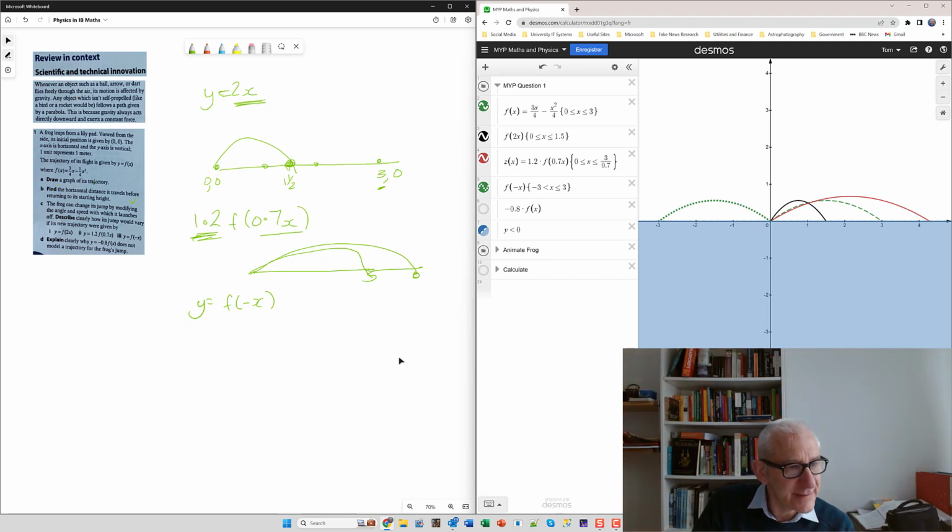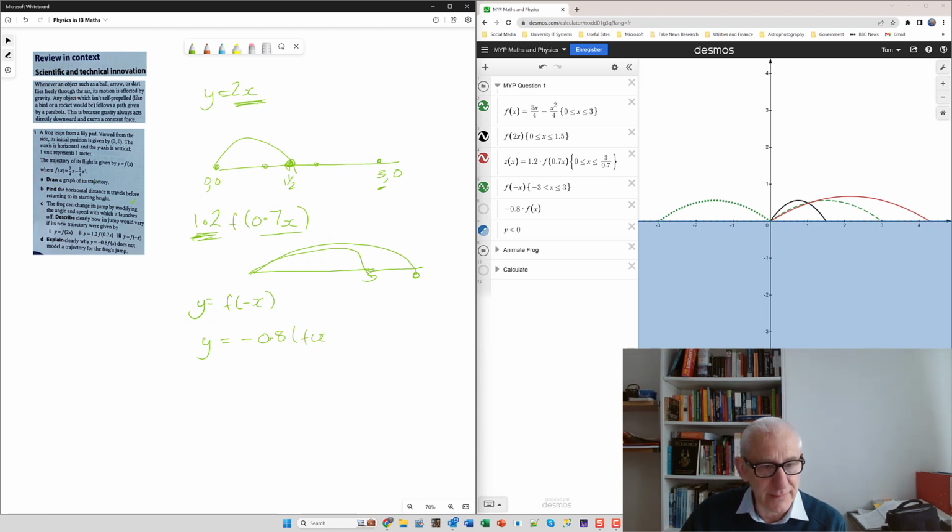And this last one here says, explain clearly why y equals minus 0.8 times the function of x does not model a trajectory for the frog. Okay, so y equals minus 0.8 of f of x.